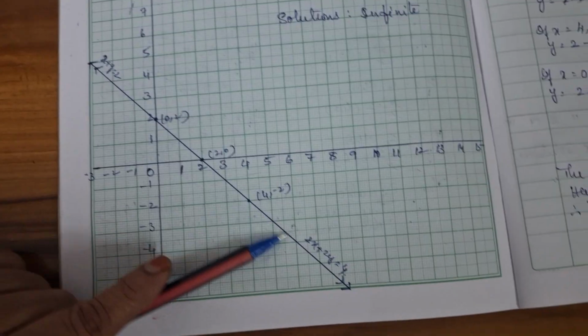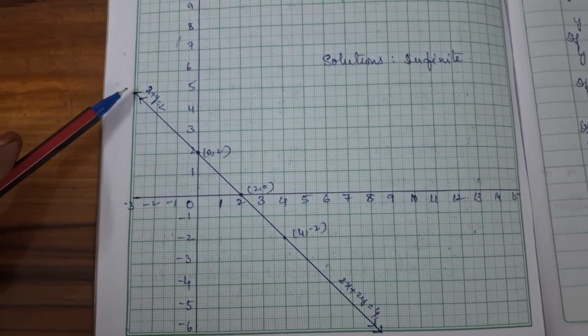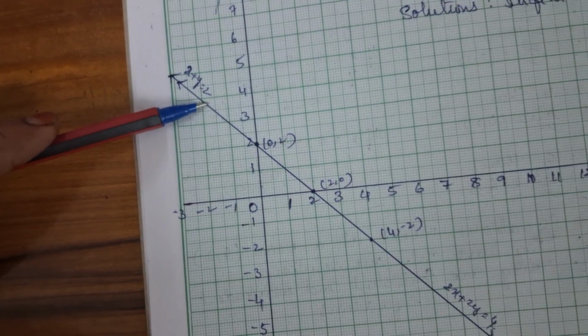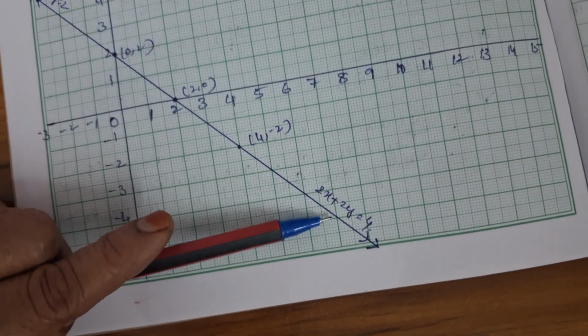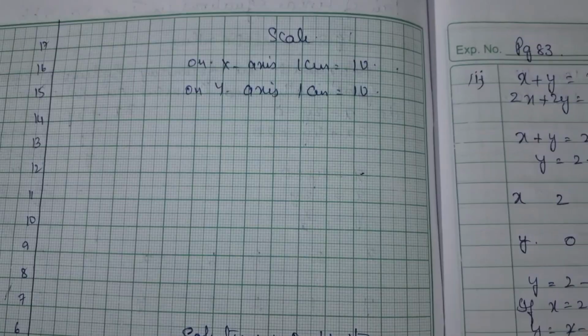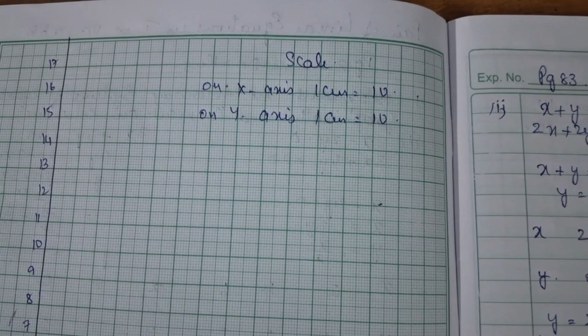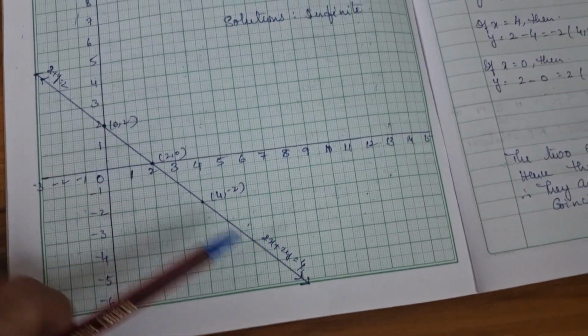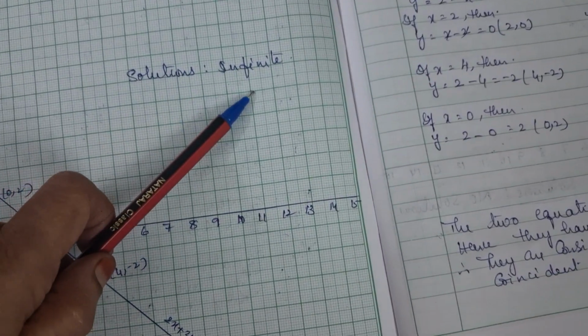So I am getting a straight line. This straight line is the line that I am getting for two equations. One is x plus y is equal to 2 and another one is 2x plus 2y is equal to 4. And the scale that I have taken here is on x-axis 1 centimeter is 1 unit and on y-axis 1 centimeter is 1 unit.